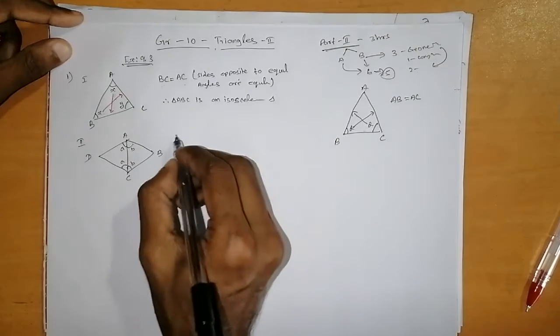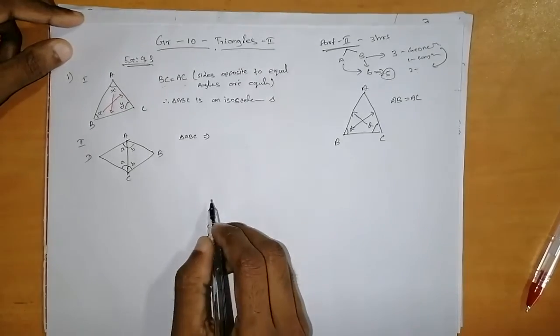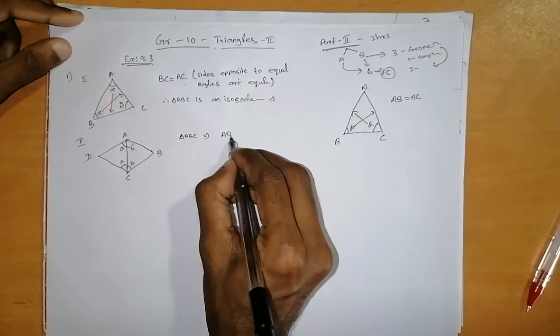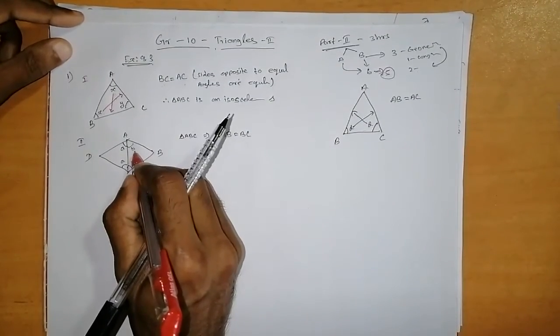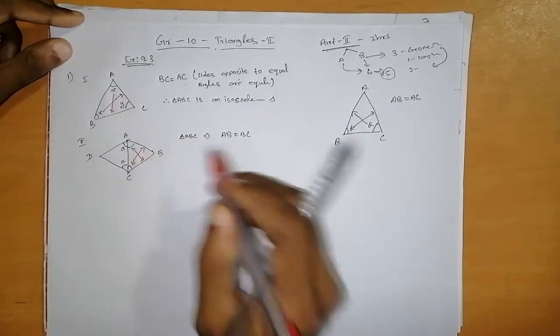So in triangle ABC, we can directly say AB is equal to BC, because the side opposite one of the angles is BC and the side opposite the other is AB.